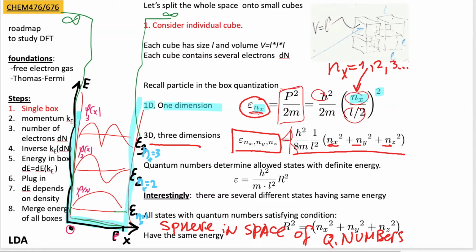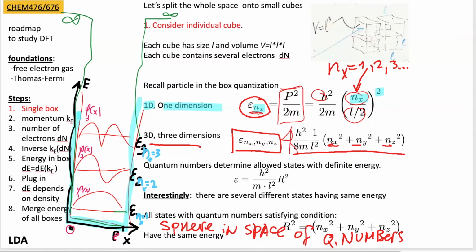For this simple model, we do not need computers, we don't need computation. The energy for each state is known. I'll skip the derivation, but it is quite simple. It is one of the few problems that can be derived. Basically, the energy of each of these orbitals is the quantum number squared, times some additional constants like the Planck constant, mass of the electron, and size of the box.